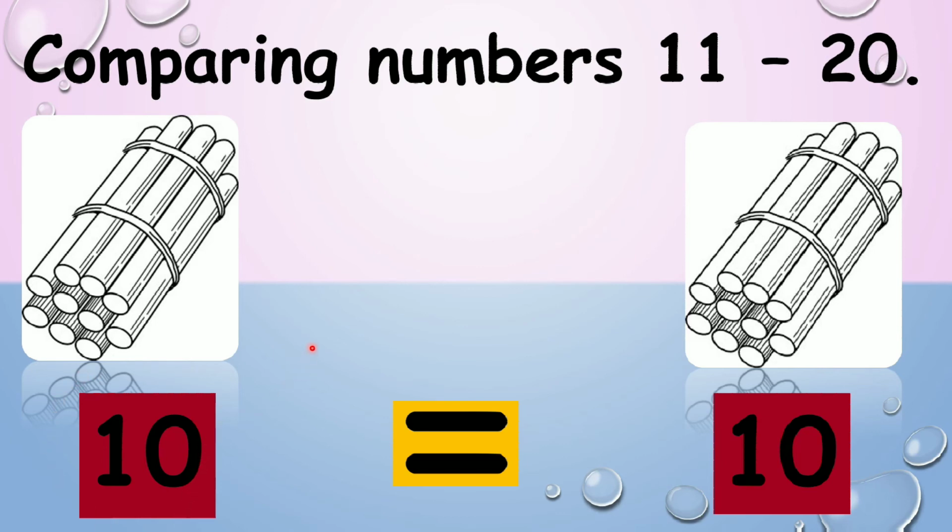So comparing numbers simply means we shall be determining which number is bigger or smaller, which number is greater or less, or which numbers are equal to each other. That's what comparing numbers means.